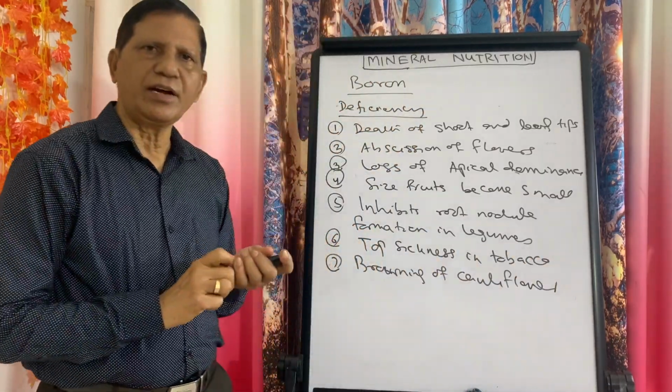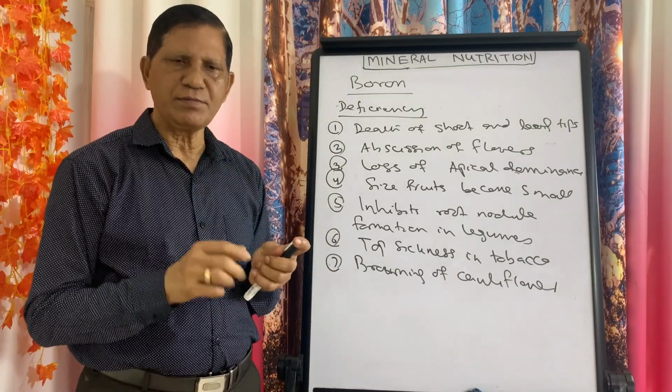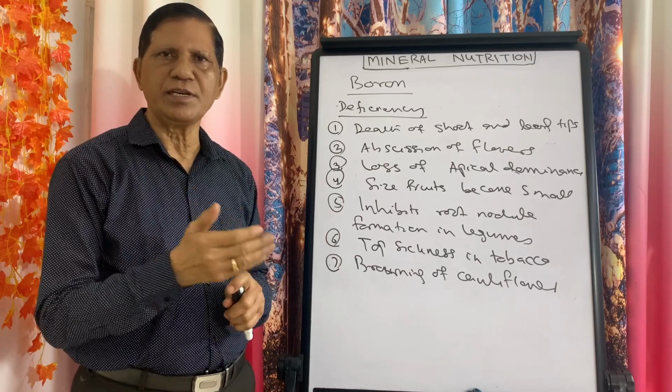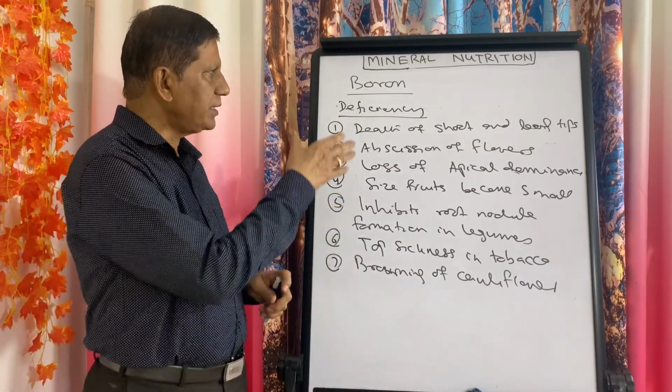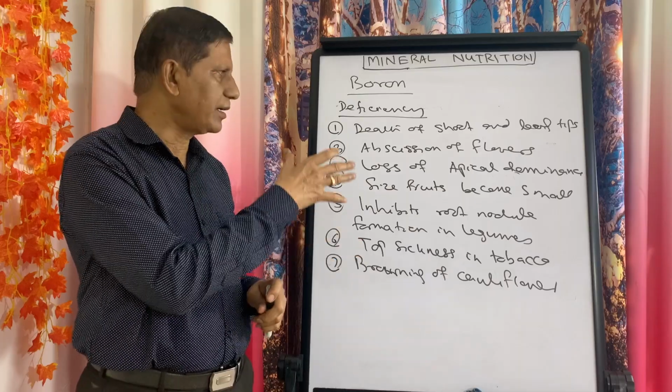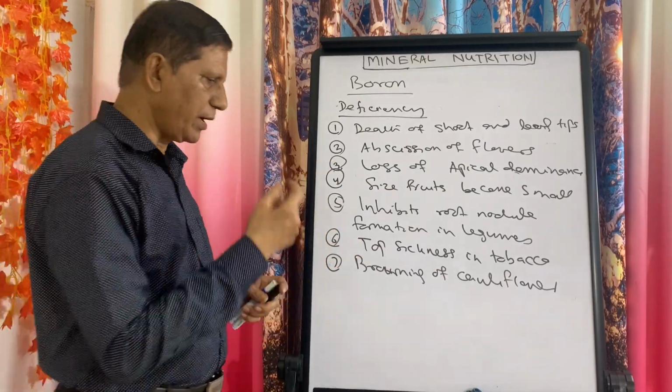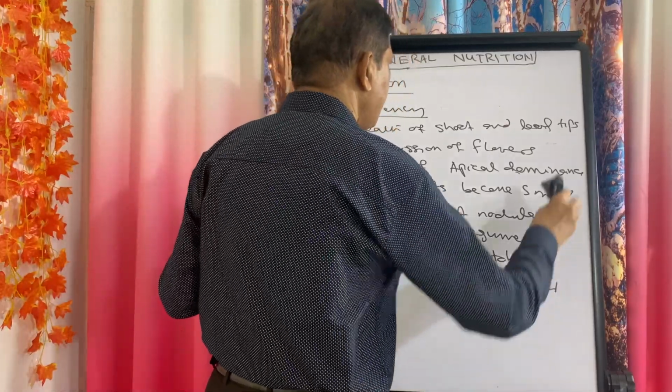That means usually the cauliflower is white in color, but sometimes some brown spots appear, which indicates there is deficiency of boron. So these are the different roles and deficiency symptoms caused by boron. Now let us discuss the next one, and the next one in this series is molybdenum.